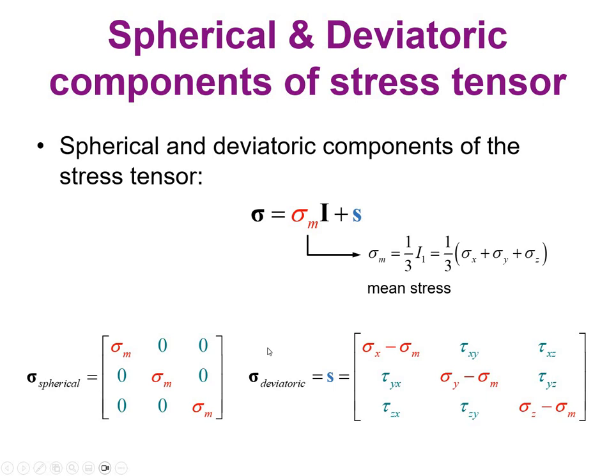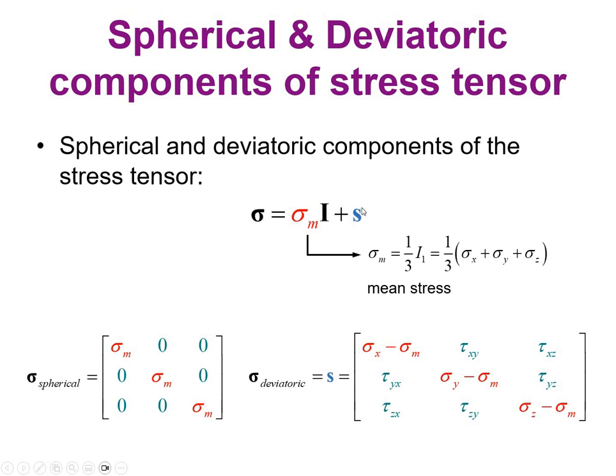So the spherical component of the stress tensor is shown in here, where you have a diagonal with the same value of the stress for every normal component, and the shear stresses are equal to 0. And sigma m, which is the mean stress, is equal to a third of the first invariant of the stress tensor. So it's a third of the summation of the main diagonal of the stress tensor.